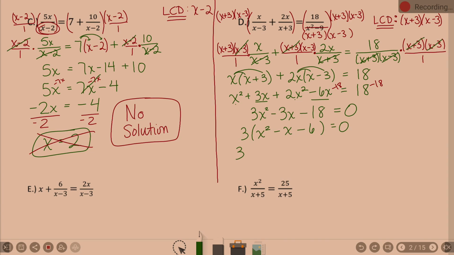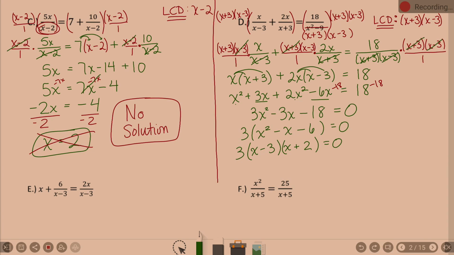How do I factor x squared minus x minus 6? 2 parentheses, right? X squared is x times x. How do you multiply to get negative 6 and add to be negative 1? 3 and 2, specifically negative 3 and positive 2.